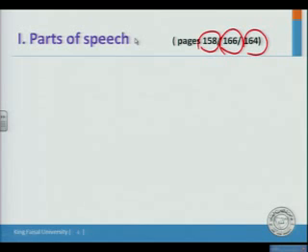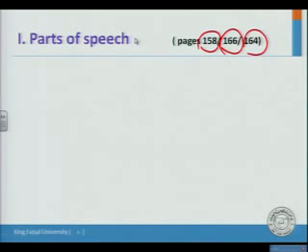But before we go on, just to explain to you what we mean by part of speech. Part of speech here means in Arabic تصريف الكلمات أو أجزاء الجملة. So in English we have 3 types of a sentence.